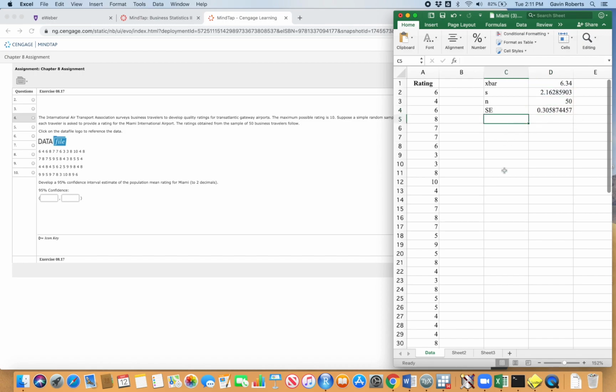And now we can get our t dot 0.975. We're doing a 95% confidence interval for a sample where we don't know the population standard deviation.